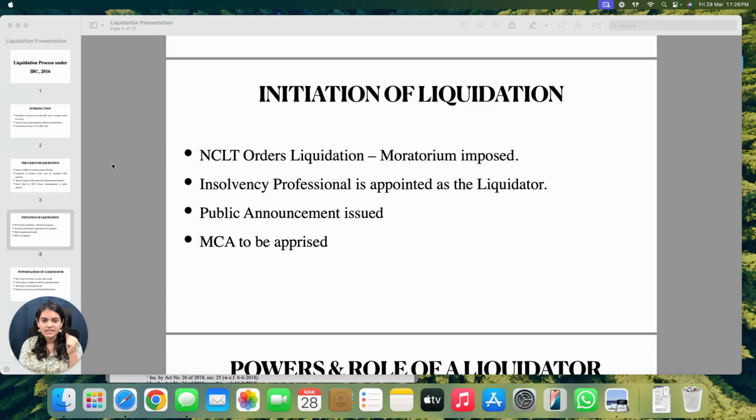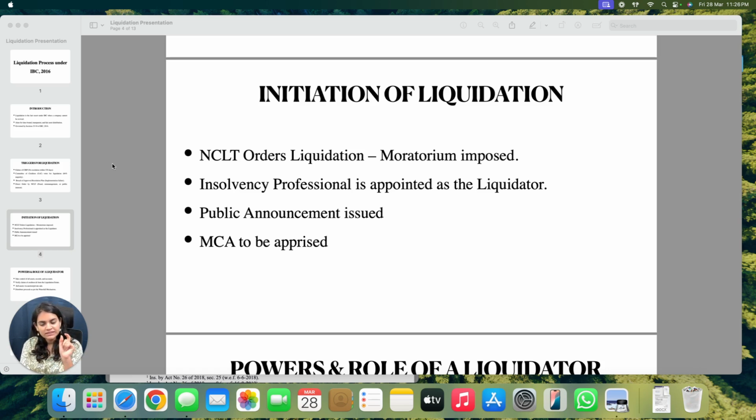So now let us understand initiation of liquidation and what happens upon initiation of liquidation. Once the NCLT orders for liquidation, a moratorium of sorts is imposed. The moratorium under liquidation is not as exhaustive as provided under Section 14.